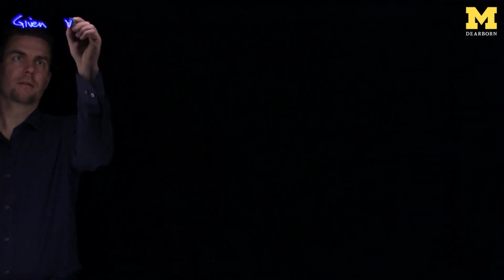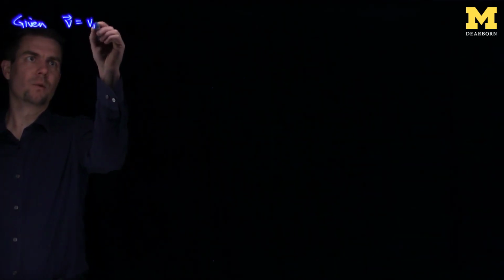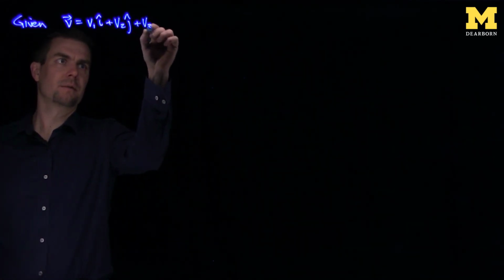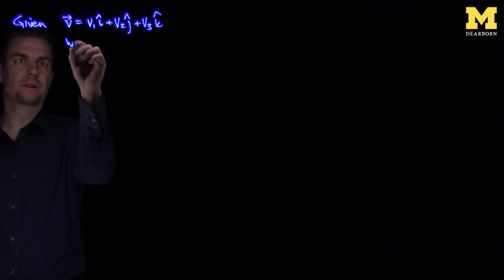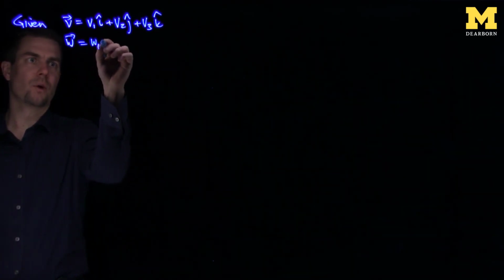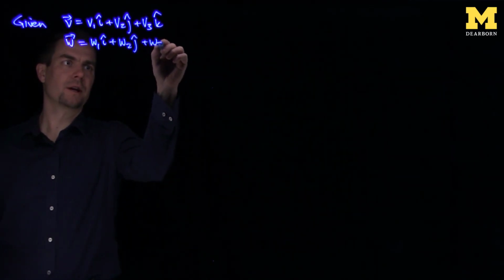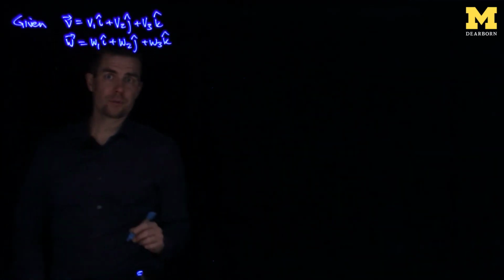So if we're given a vector v, which is v1 i hat plus v2 j hat plus v3 k hat, and a vector w, which is w1 i hat plus w2 j hat plus w3 k hat, we have two products we've discussed.